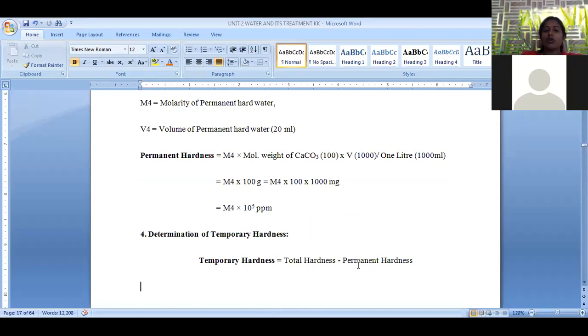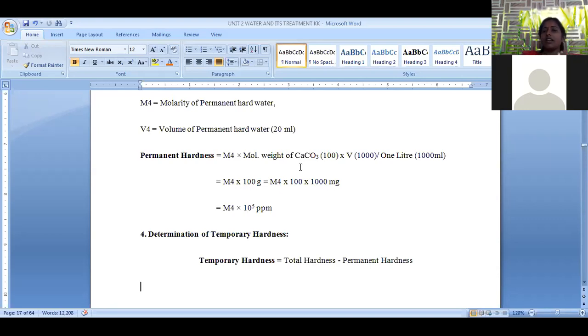This is about estimation of hardness of water by using complexometric titration, because we are titrating against EDTA. The EDTA is used to complex with hardness-causing salt, so that estimation is possible. The main principle is Eriochrome Black T first forms a complex, which is a very unstable complex. So when titrated against EDTA solution, the EBT complex is replaced with calcium EDTA complex, and free release of indicator is possible.